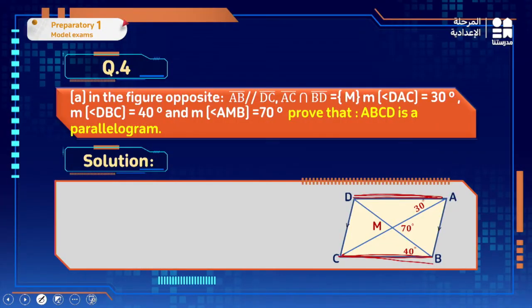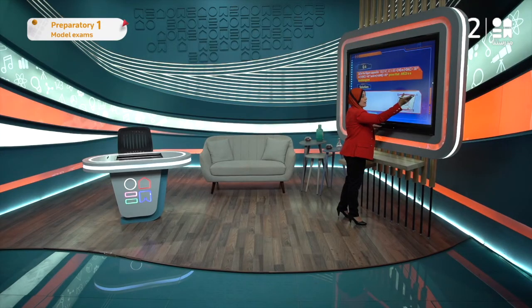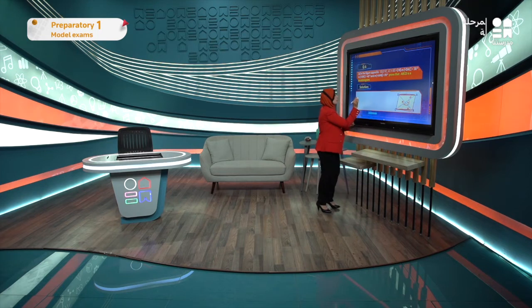First of all, here we have 70 degrees, and as we know, this diagonal AC is a straight angle. So this one is 110. So let's prove that.